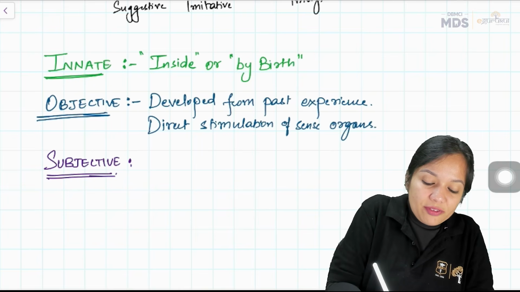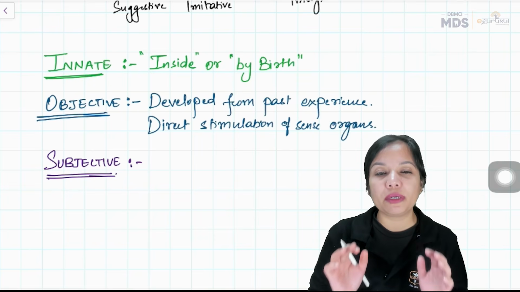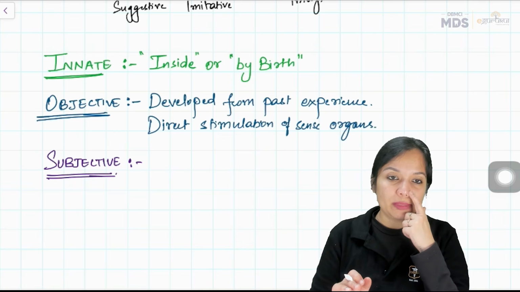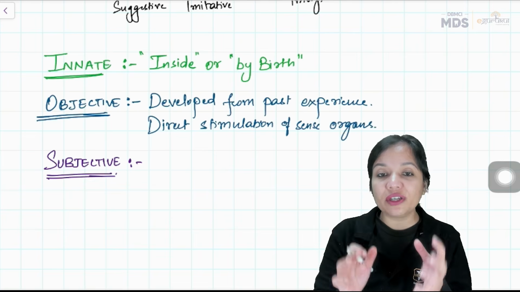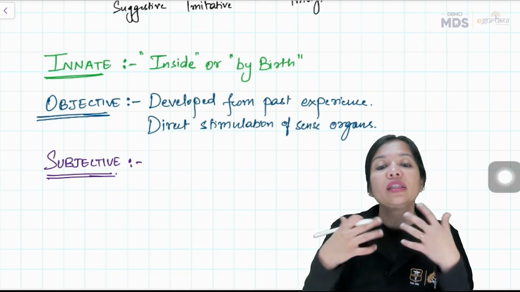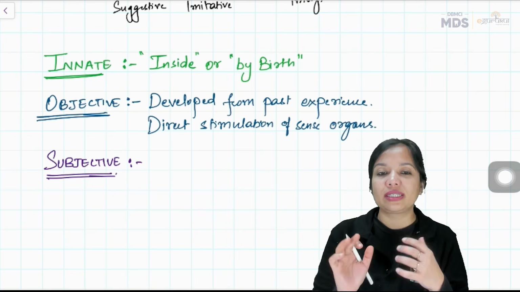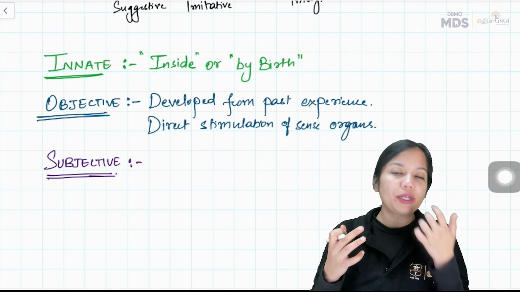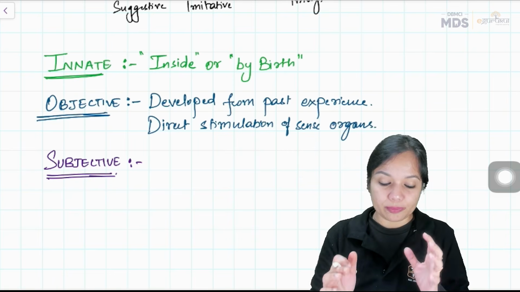So, subjective fear is something again that does not have a previous experience, does not have a past experience, but the fear that is based on the feeling and attitude suggested to the child by others, such as the family, peers, media, etc. So, whenever a child is given a particular idea through others, it develops into a subjective fear.